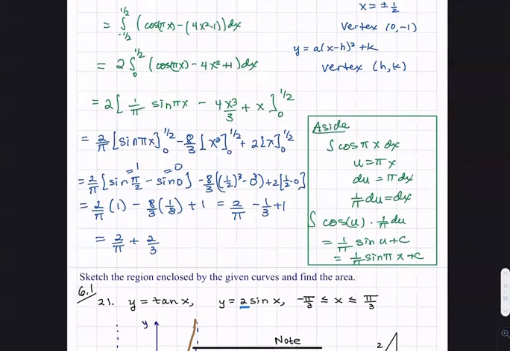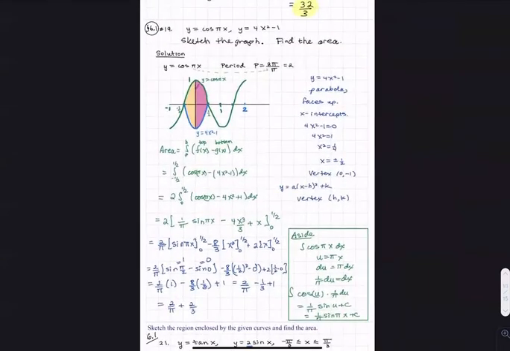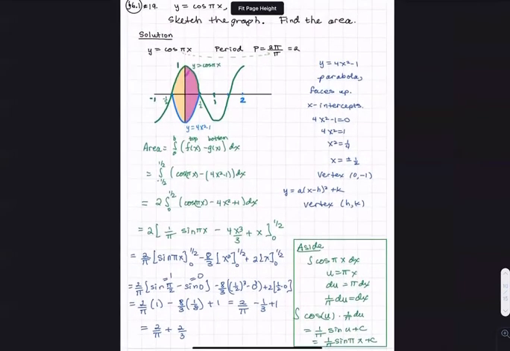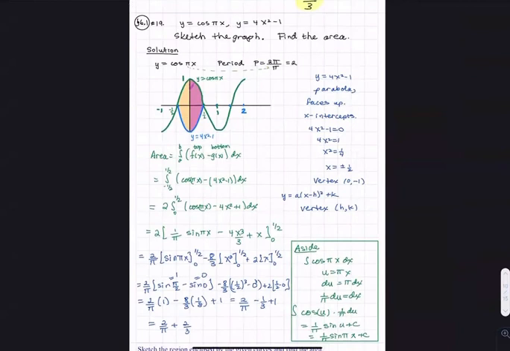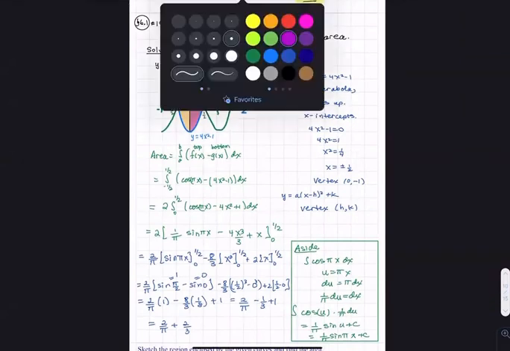Stewart will get a common denominator? I don't think so. I think he'll leave it like that, or maybe he'll factor out the 2. That answer is for number 19, section 6.1: 2 over pi plus 2/3. Yes. Got it right.